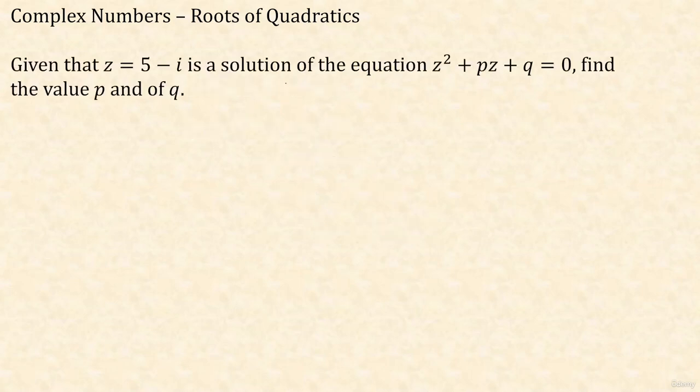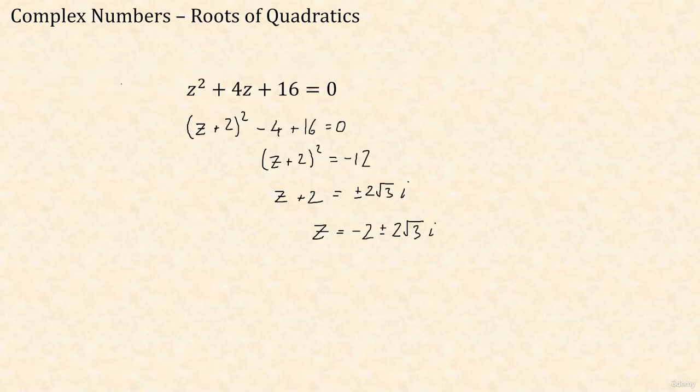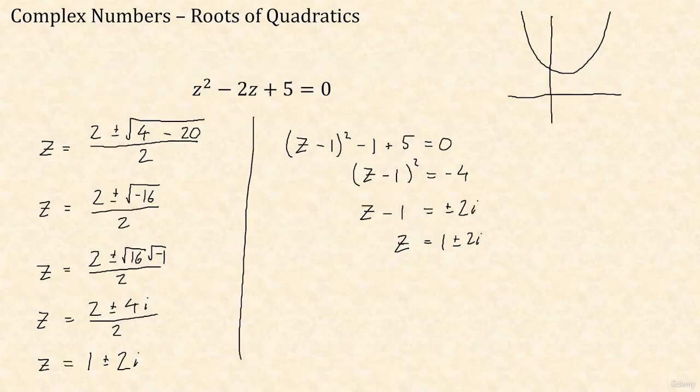Okay, slightly different one here. Given that z equals 5 minus i as a solution of the equation z squared plus pz plus q equals 0, find the value of p and q. So to answer this, we need to use the property that you might have noticed in these first two questions. Whenever you have a quadratic equation with complex roots, just by the process of completing the square, you'll see that you always end up with a plus or minus of the imaginary part and a real part here.